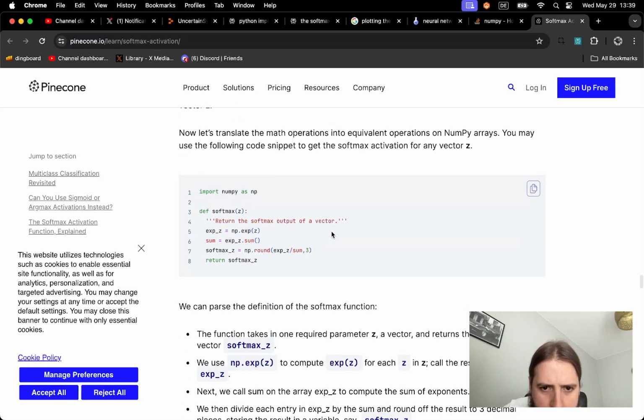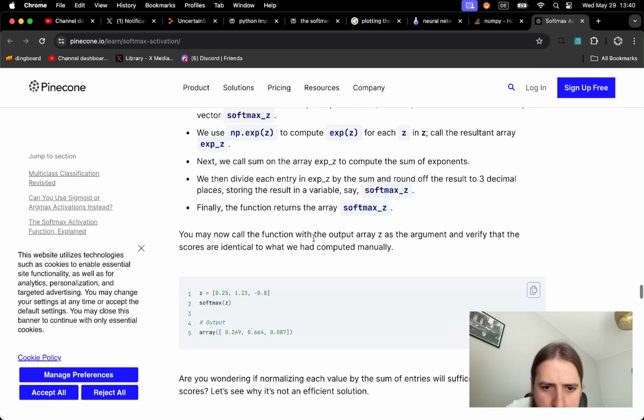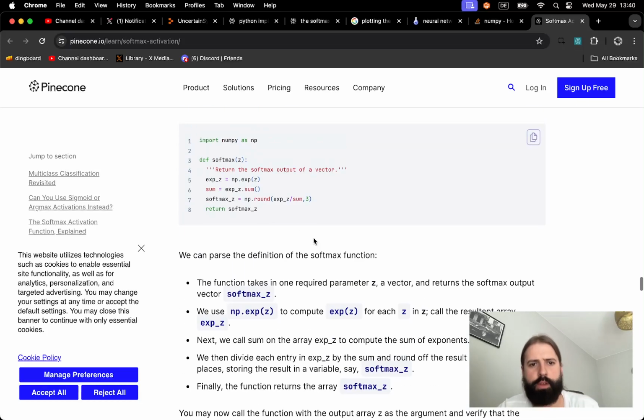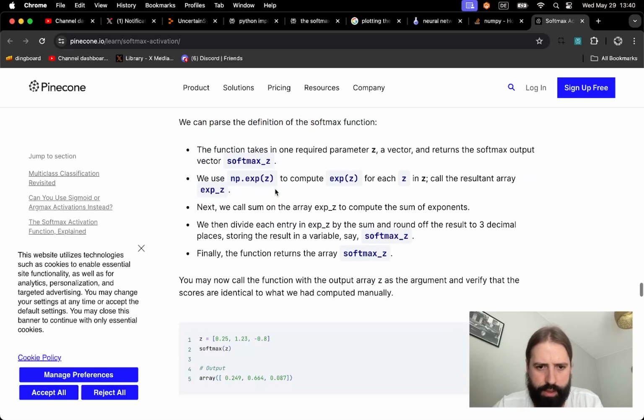Okay. That is different in here though, isn't it?